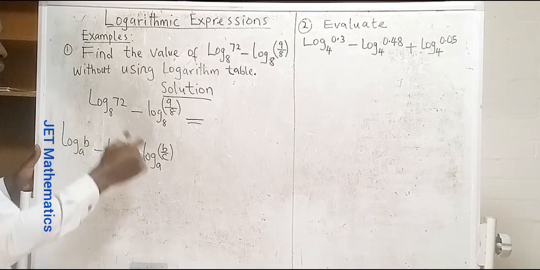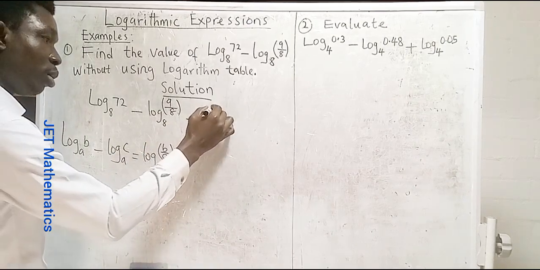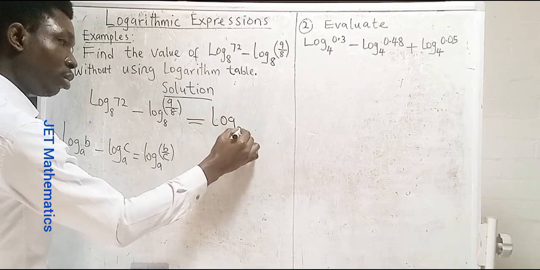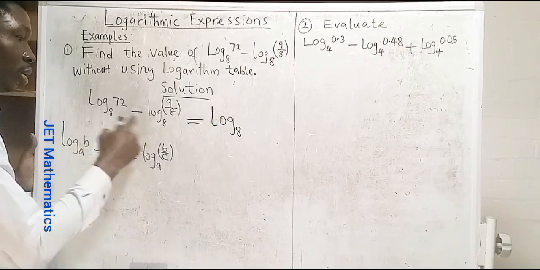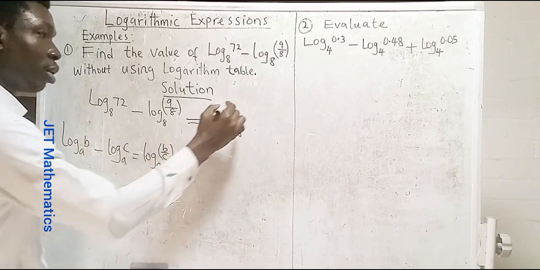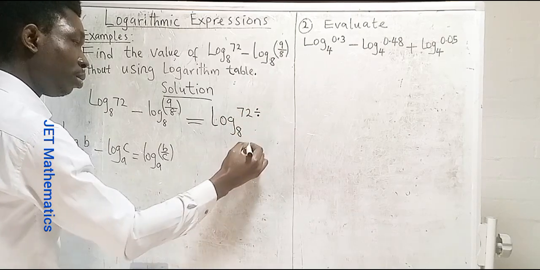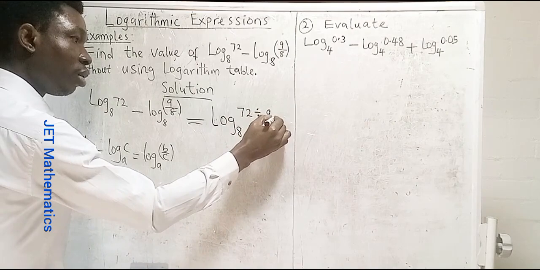Okay, so we'll apply this law here. So we'll have this to be log to the base 8 common base, and there becomes 72 divided by 9 over 8.